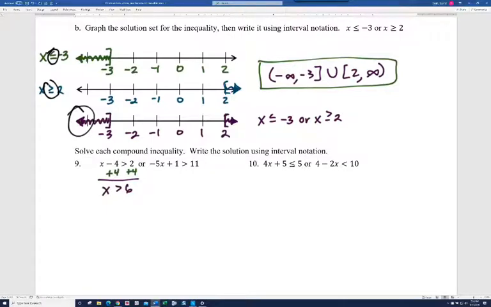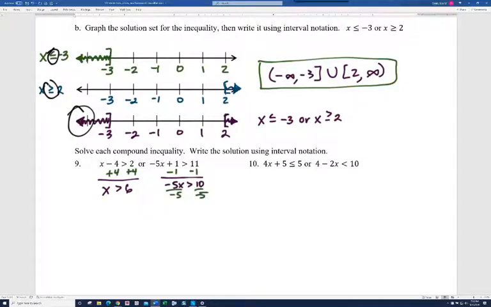And then on the next one, we have -5x plus 1 is greater than 11. So we're going to subtract 1 on both sides. We get -5x is greater than 10. And then we need to get rid of that -5, so it's -5 times x. We'll do the opposite and divide by -5.